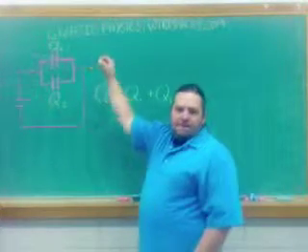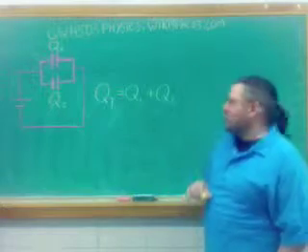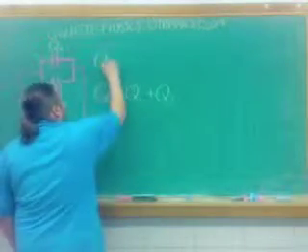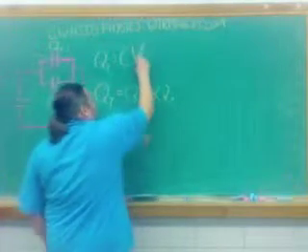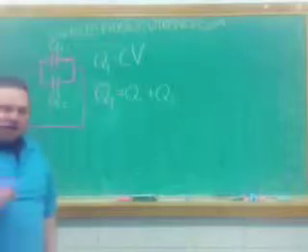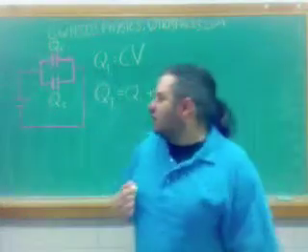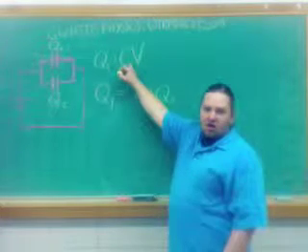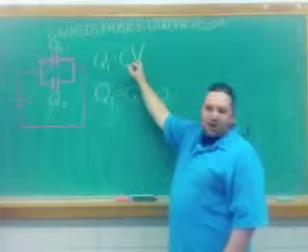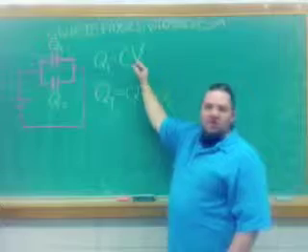From there, I'm going to take it one step further. I know that total charge is equal to the capacitance times the voltage. The total charge an object has is equal to its ability to store charge times the amount of electrostatic pressure, this potential difference.